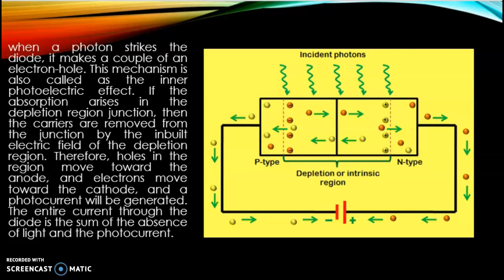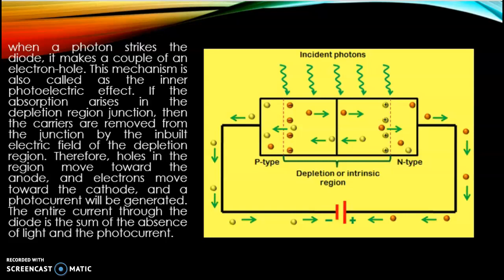Electrons and holes generated by photoexcitation in the neutral region within a diffusion length of the depletion layer diffuse into the depletion region, which are then accelerated by the electric field in opposite directions to contribute to photocurrent.